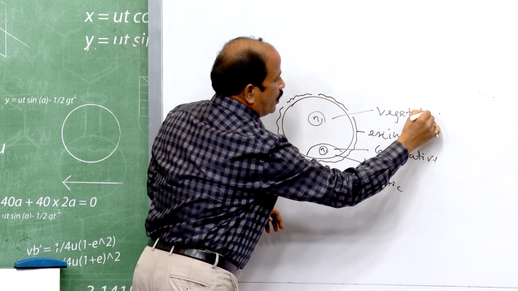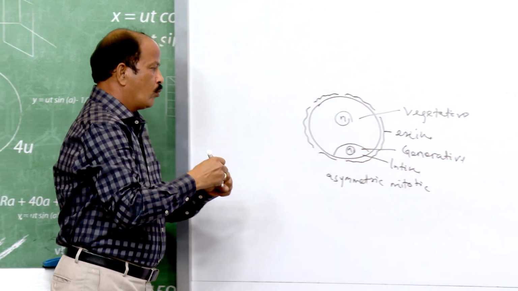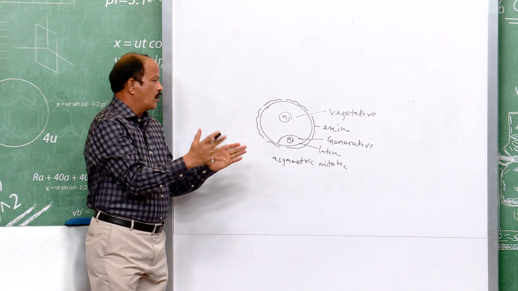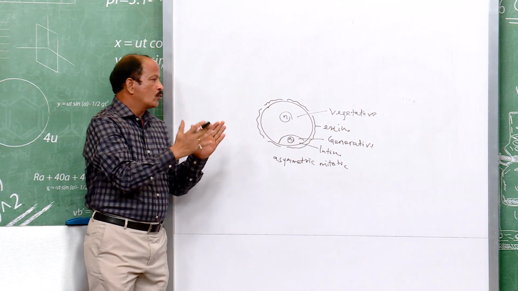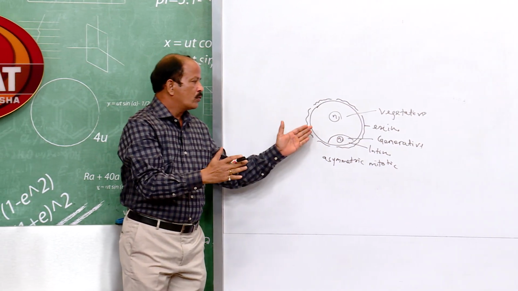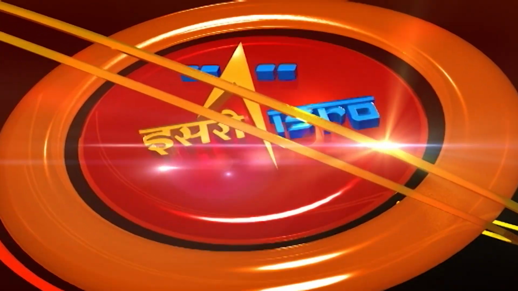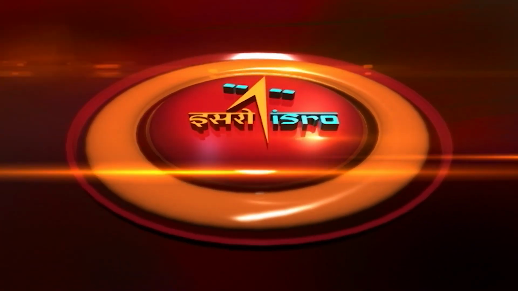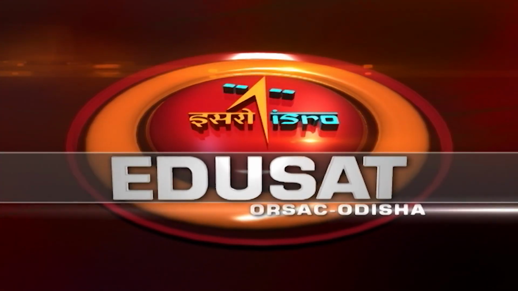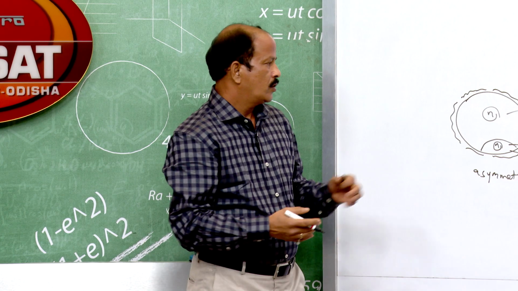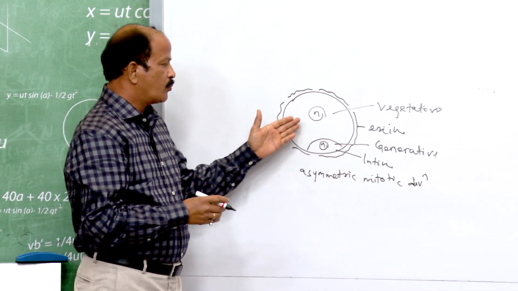So, this way initially the growth takes place and wall investment goes on around it. Now, this is a two-celled pollen grain.